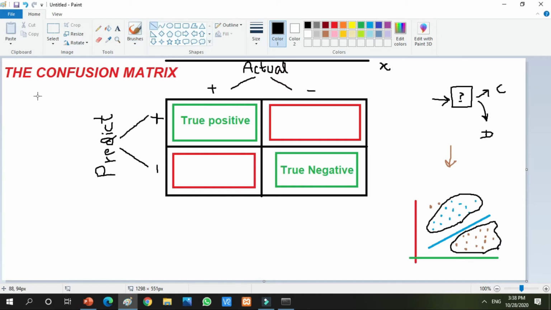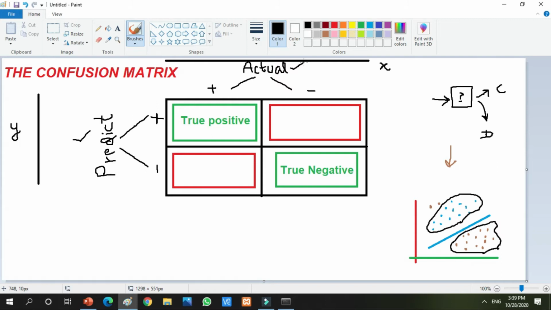And the y-axis in the confusion matrix is the prediction of our model. So let us see it. We are drawing the y-axis, and this y-axis is what? This y-axis is the predicted output of your model. So we have written predict here, and we have written actual here.